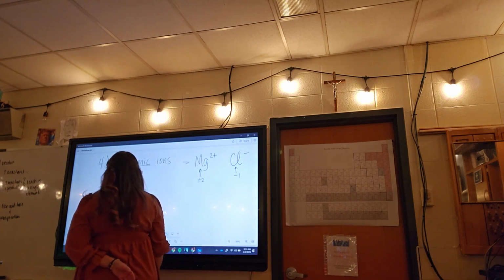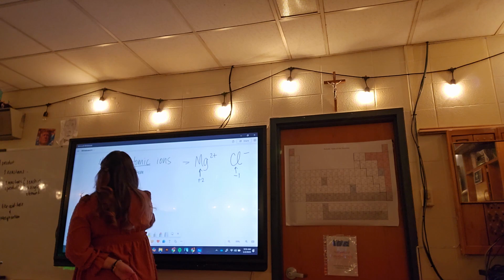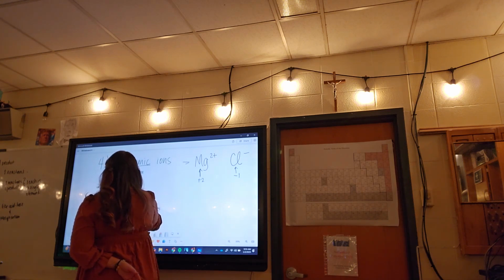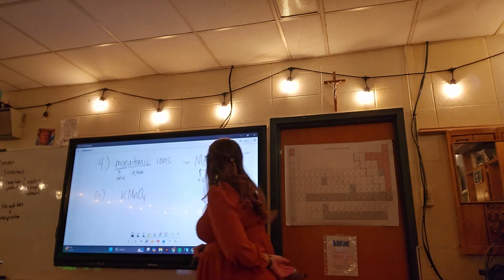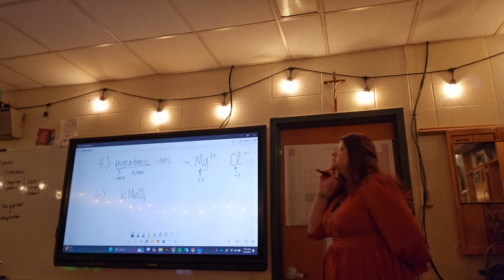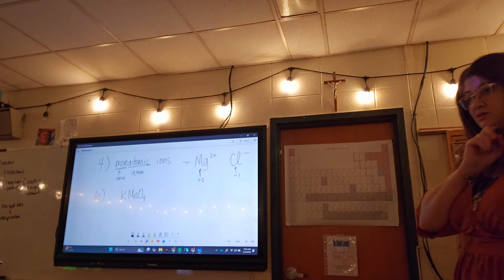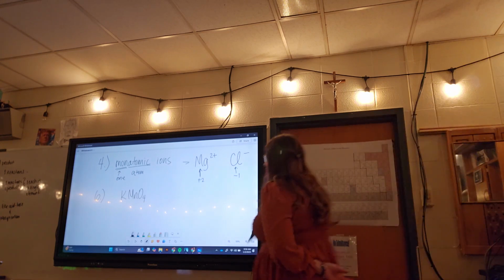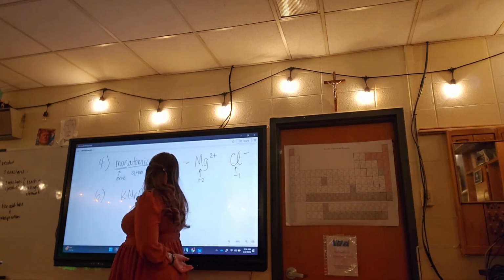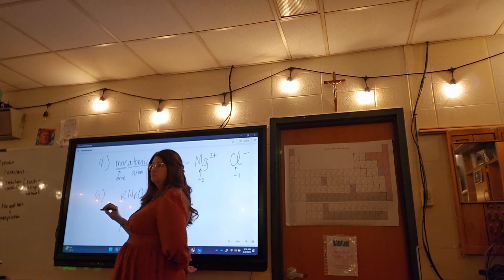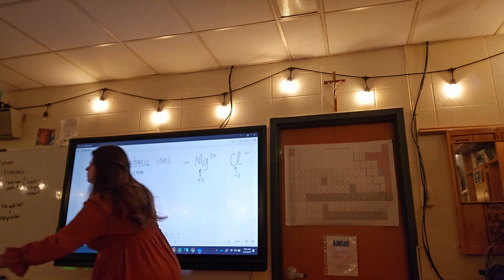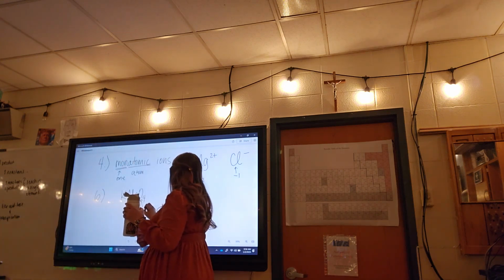Let's see. What's a compound? KMnO4. All of the oxidation numbers in this compound have to add up to 0. Okay, so what's the oxidation number of oxygen? -2, good.